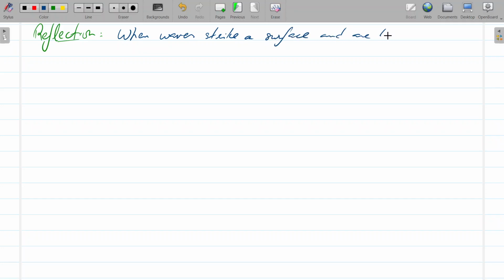The proper word for that is obviously reflection itself. But if you want to explain what reflection is, in the introductory chapter, we're not talking about light only, we're talking about waves in general, but obviously light is the best example for it. So reflection is when waves strike a surface and are bounced back.